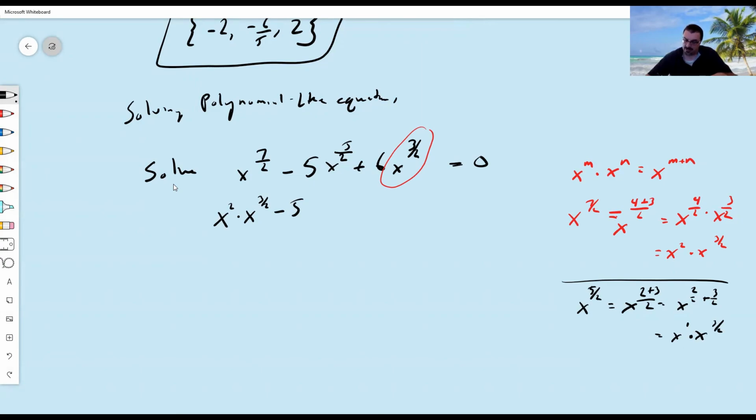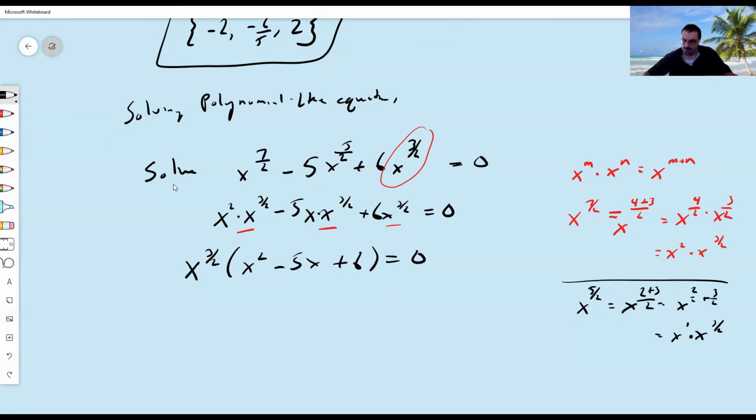So this is x to the 1 times x to the 3 halves plus 6x to the 3 halves. And now you can see x to the 3 halves is your common factor. So take that out, and that gives you x squared minus 5x plus 6 equals 0.